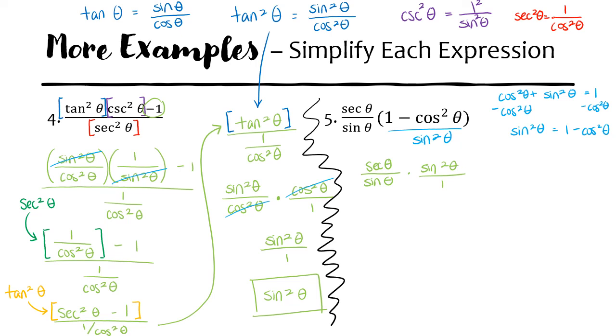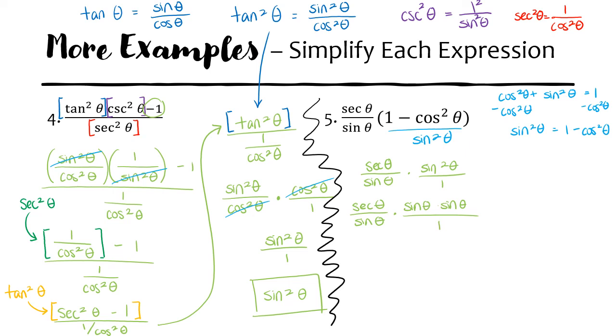And maybe it would be helpful to actually rewrite that as secant over sine times sine times sine, since sine squared is really just sine times sine all over 1.